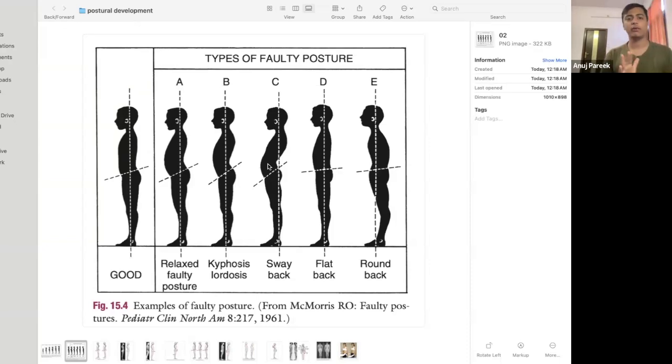But what are the problems you can face if you have any postures from A to E? If you have any posture like this, and most of the students who are practicing right now do have a little bit of faulty posture. You can never be perfect because there are years of bad sitting, bad eating, and the bad way you sit, you talk, you lie down, you sleep.